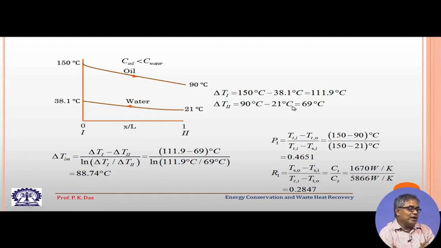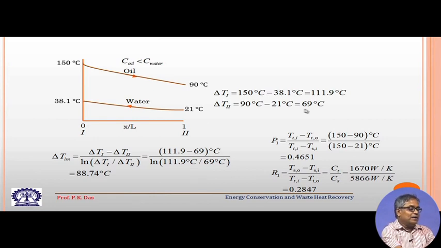Suppose we assume a counter current type of arrangement, then we can take this as our delta T 1. Similarly, for delta T 2 we can take 91 degree Celsius minus 21 degree Celsius. This is the outlet temperature of oil, and this is the inlet temperature of water. So, delta T 1 and delta T 2 we have got. We are assuming that it is in the counter current flow arrangement.